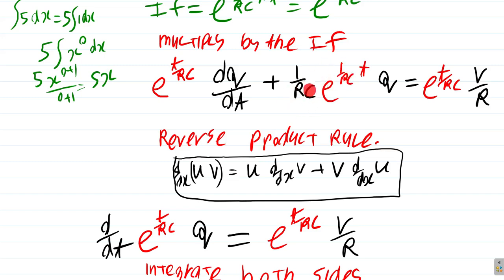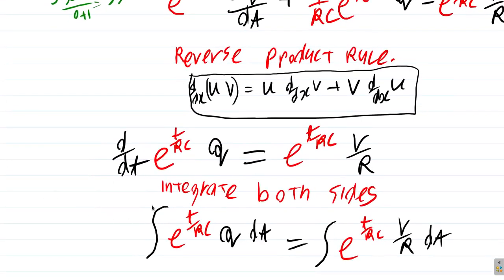Alright? So you see that? So 1 over rc here. Alright, so this is what you get. So what you're integrating here is the derivative with respect to t of e to the t over rc times q.